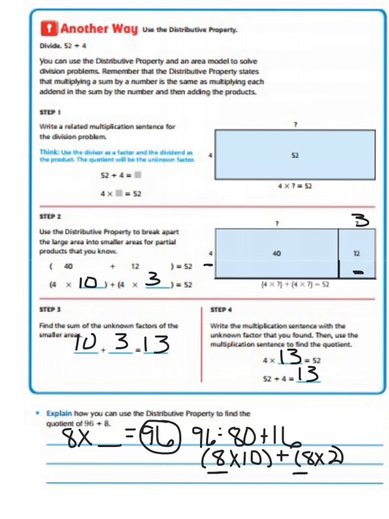So now we know that our missing factor is going to be 12, because if we take this unknown factor and this unknown factor and add them together, that's going to equal 12. So 96 divided by 8 equals 12, or using the inverse operation, we know that 12 times 8 equals 96.